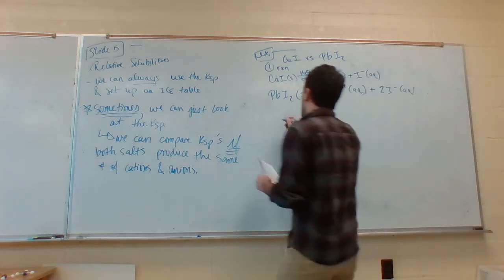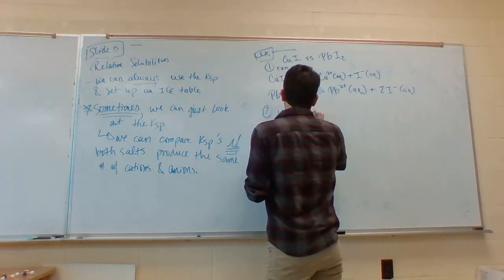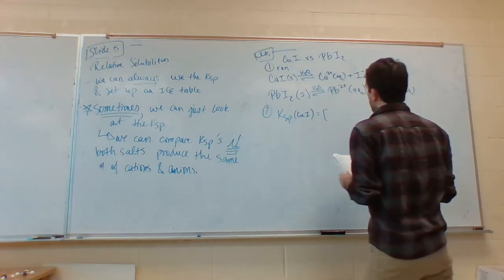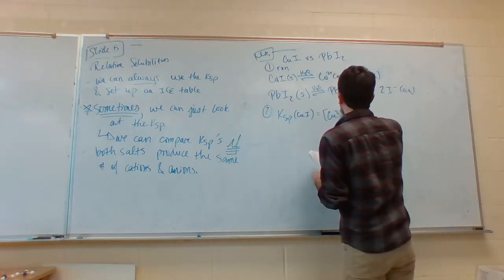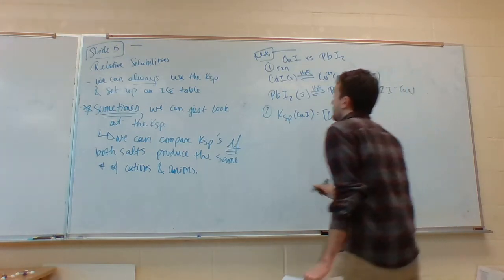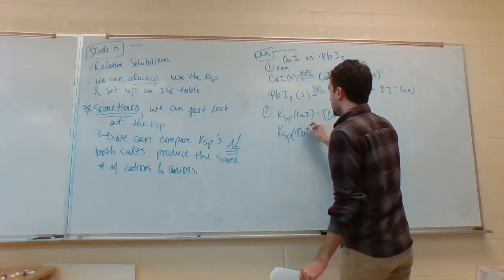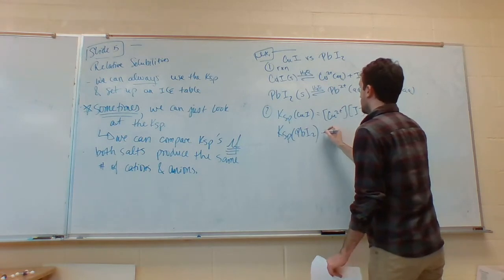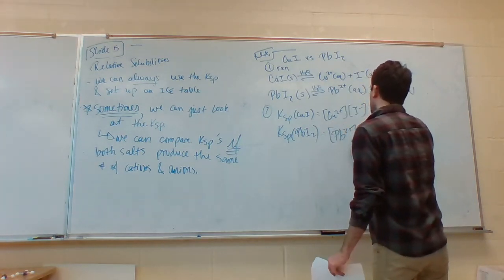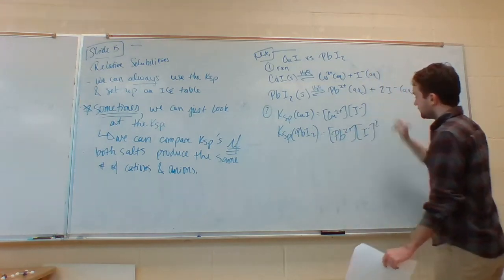So if I then write my Ks, right, my KSP for copper iodide, in the expression form, is going to be Cu2+ to the first times I- to the first. My KSP for lead iodide is going to be Pb2+ to the first and I- to the second, okay?